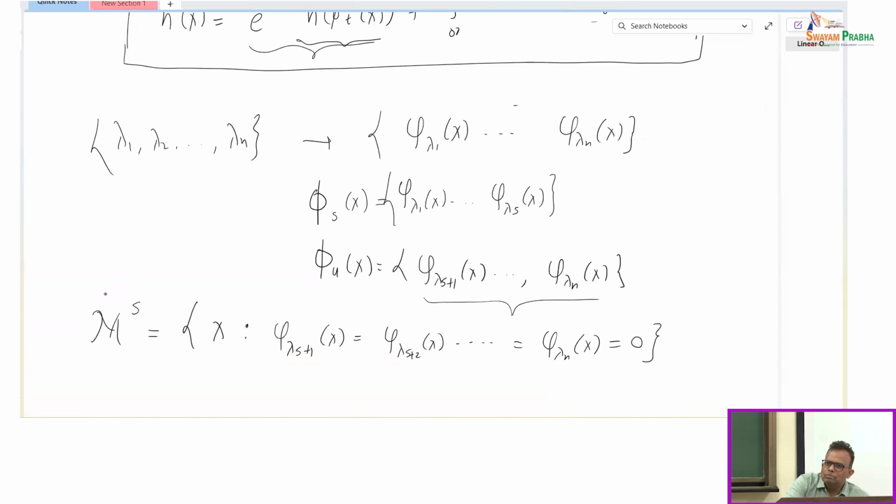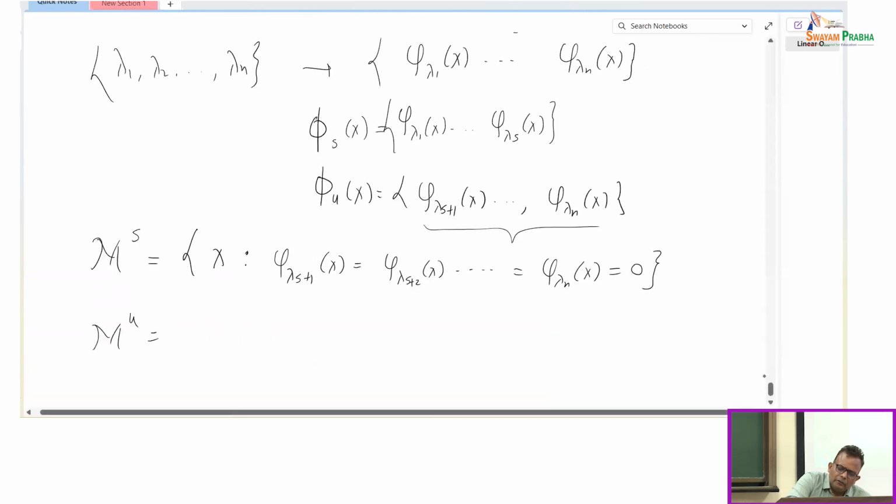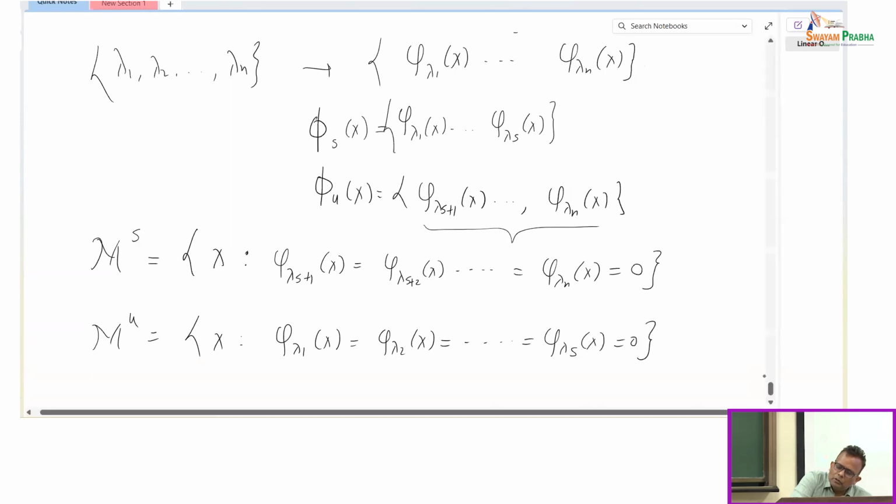Okay. And similarly, the unstable manifold will be exactly opposite: the set of all points x for which psi lambda 1 of x equals psi lambda 2 of x equals ... equals psi lambda s of x equals 0. And it's very easy to see.